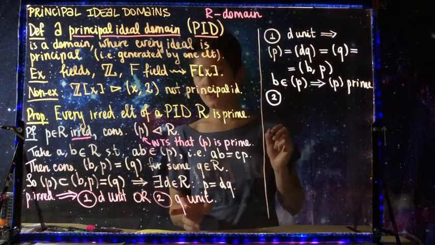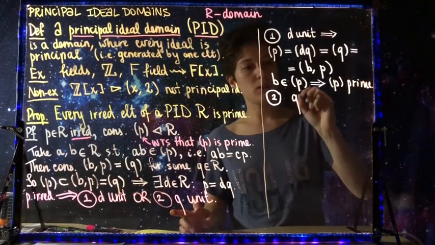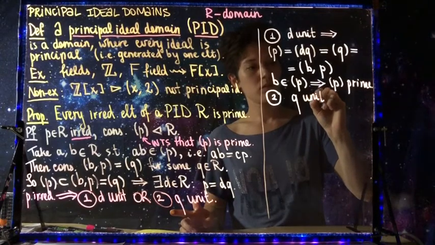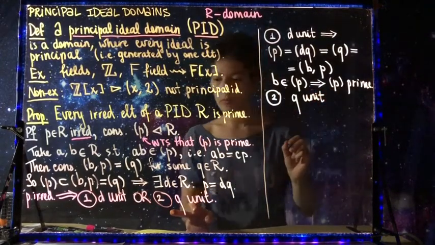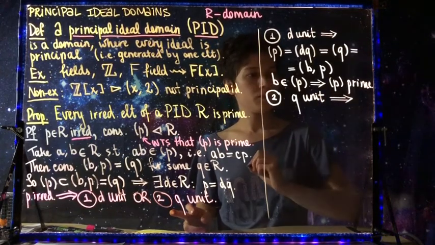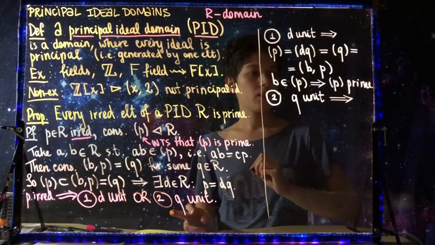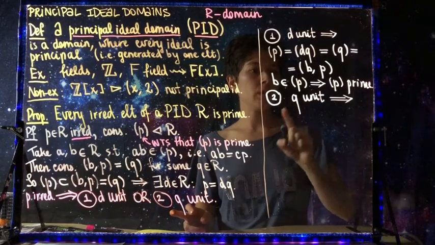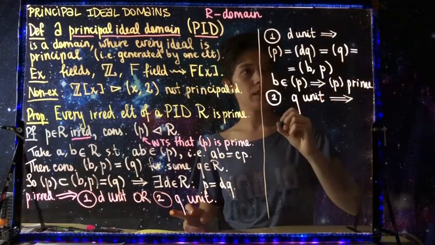Let us consider the second case where Q is a unit. Since Q is a unit, it generates the unit ideal.